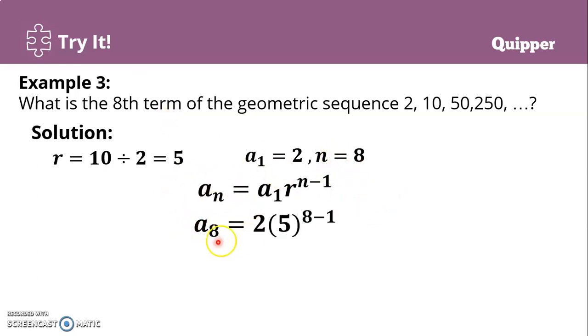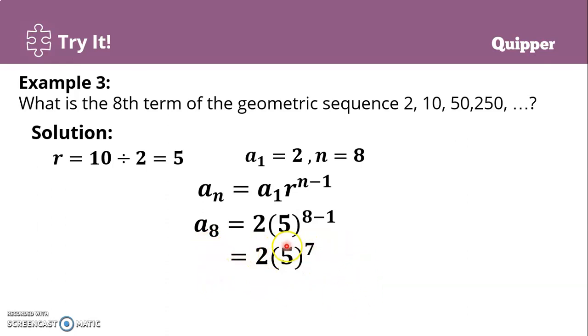Substituting the formula, so that's a sub 8 equals 2, that's the first term. R is 5, times 5 raised to the power of n, that's 8 minus 1. Always minus 1. And so 8 minus 1 is 7. So we have 2 times 5 raised to 7. You may solve all of this using your calculator.